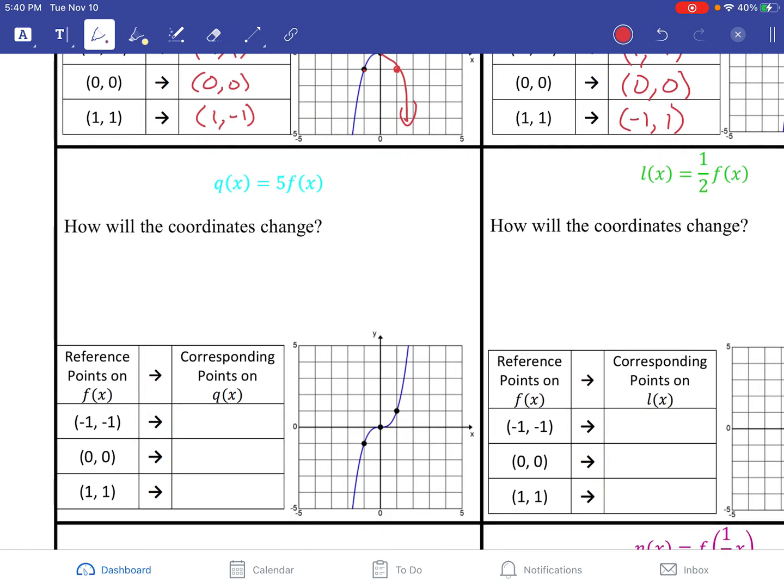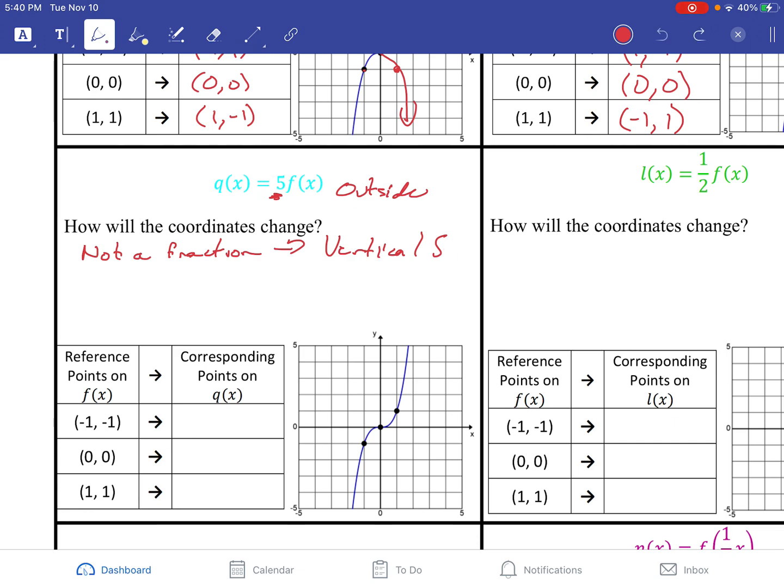Again, we're looking at something being done to the outside of the function. Okay, so this is a more complicated thing. If it is a number that's greater than 1, let's make it a little bit easier. If it's not a fraction, it is a vertical stretch.